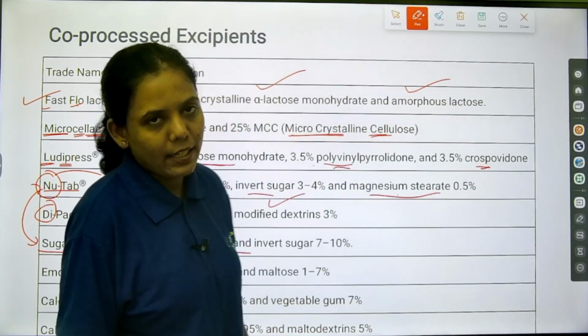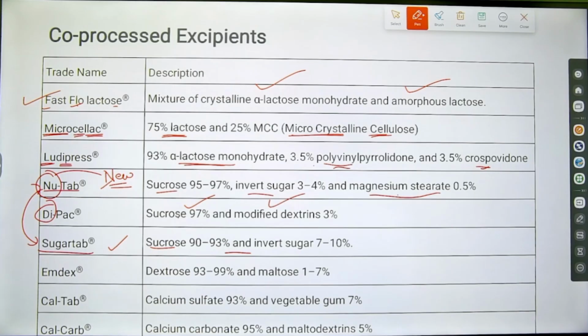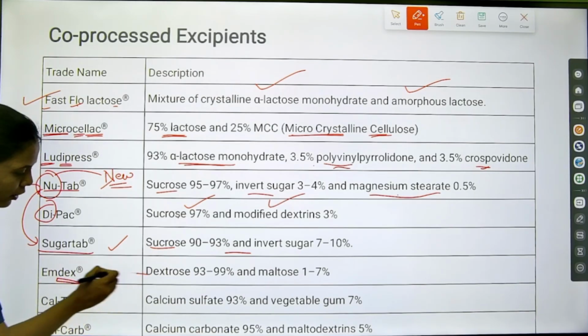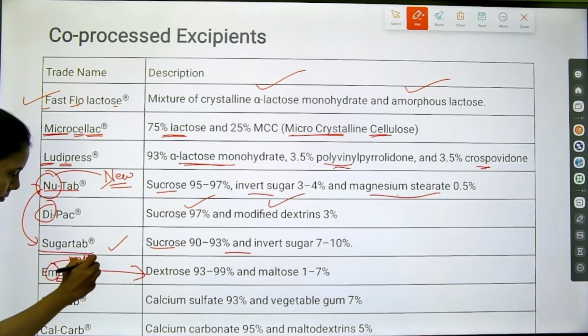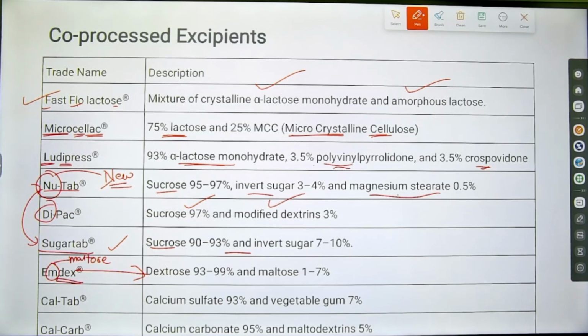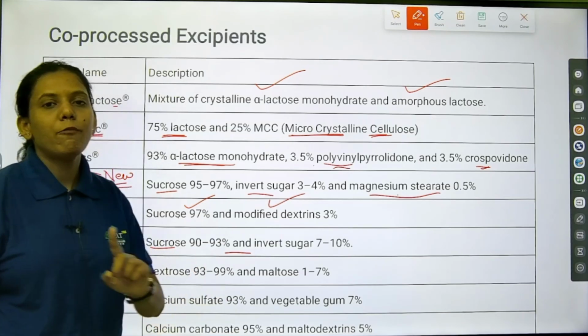Next is Mdex. Again, Mdex contains two ingredients. First is Dex for dextrose, easy to remember, and M for maltose. Dex for dextrose, M for maltose.